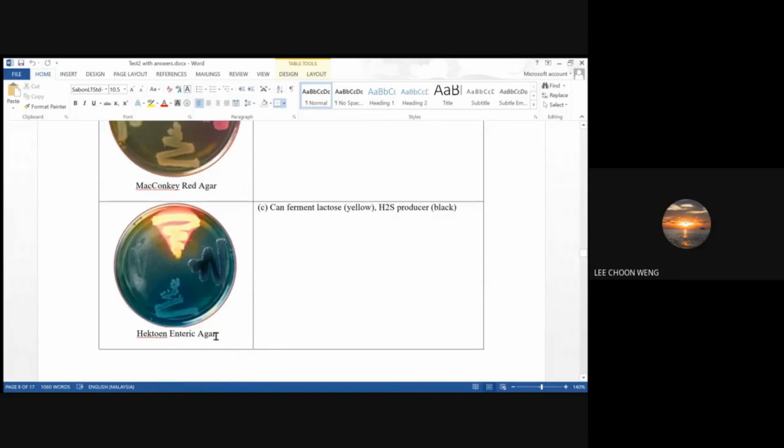This is Hektoen enteric agar. Similarly, lactose is a differentiating component. Here you can see this is a lactose fermenter. These two are non-lactose fermenters because they are not yellowish. However, you can see a blackish tinge here.